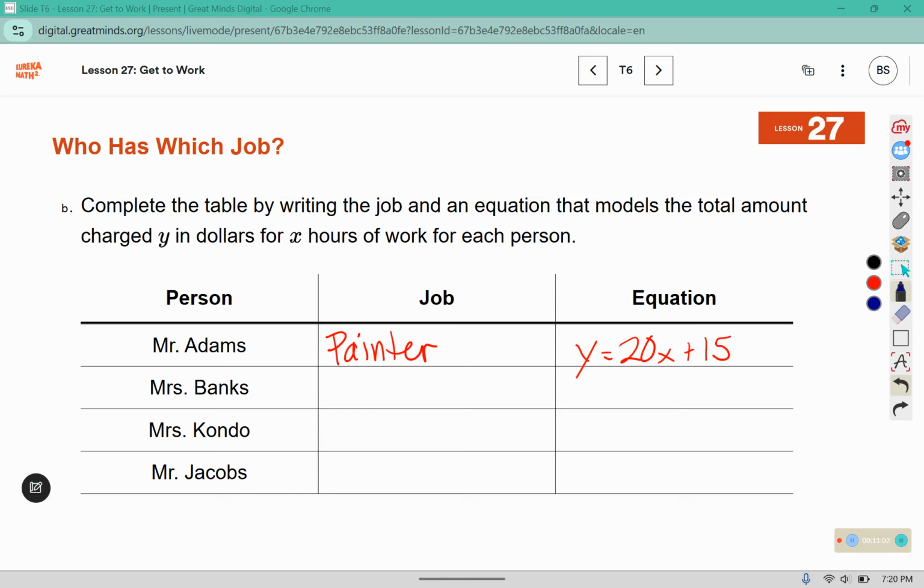Mrs. Banks was an electrician. And Mrs. Banks charged a $25 an hour rate with no fee.